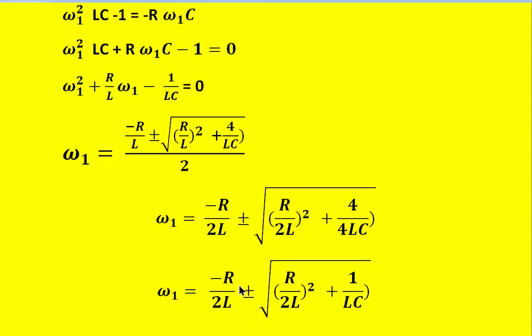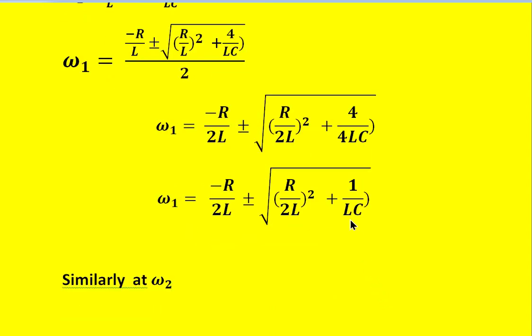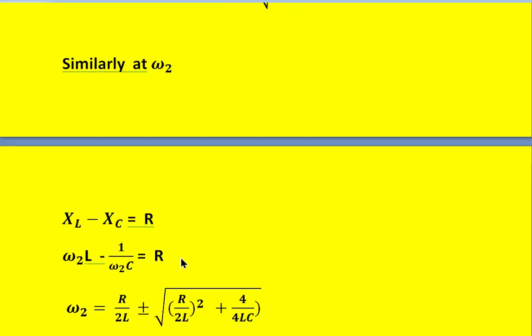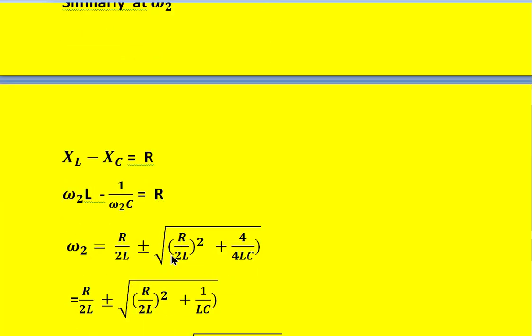On similar lines, omega 2 can be written like this: XL minus XC is equal to R. So here omega 2 L minus 1 by omega 2 C is equal to plus R. From this we get omega 2 is equal to R by 2L plus or minus root of (R by 2L) whole square plus 4 by 4LC.